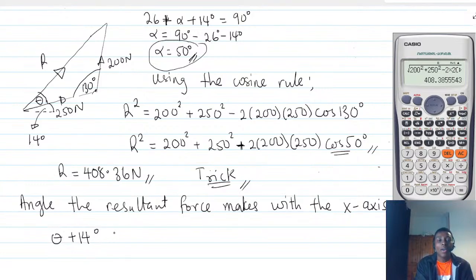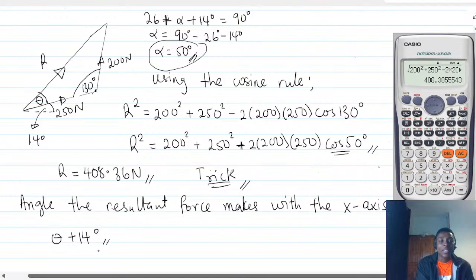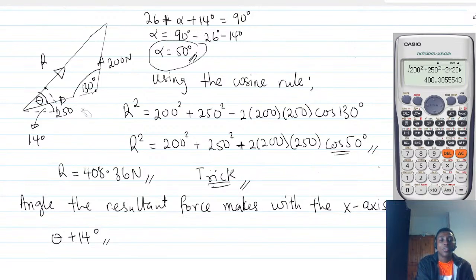So then how can I find theta? Basically we want the whole of this angle from the resultant all the way to the x-axis. Don't forget that this one is 250 newtons, but we need this one. We need the whole of this. Is that right?